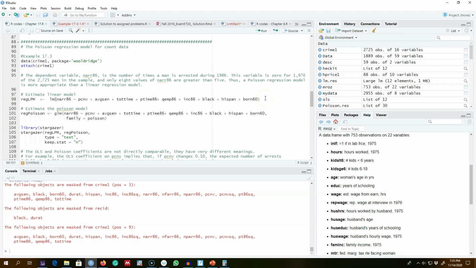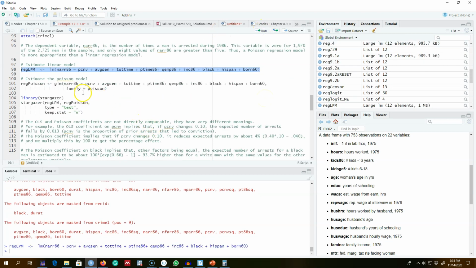Again, always start with the simple linear regression model and then compare it with the Poisson model or whatever model you are using. I'm going to use the glm function, and I'm going to pass family equal to Poisson to get the Poisson regression model, and tell R that our dependent variable is count data and we want to run a Poisson regression model.